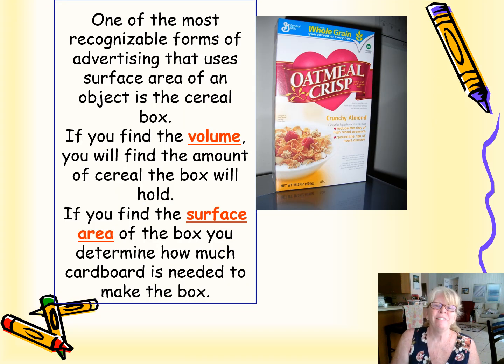Okay, I love this whole thing about the cereal box. The volume of the cereal box is how much cereal goes in it. The surface area of the cereal box is how much cardboard. Here's the fun thing about volume. Do they really fill up the cereal box? No, so you really don't get full volume of it. But the surface area, you can't mess with that.